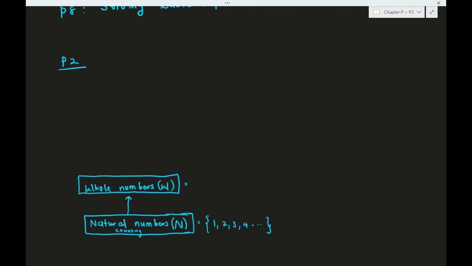So the whole numbers are just the set of natural numbers with the addition of 0, continuously. So you can see the difference between the natural numbers, the counting numbers, and the whole numbers is just 0.